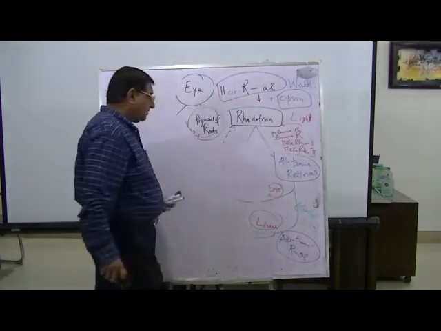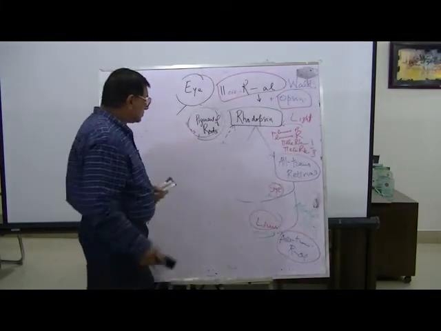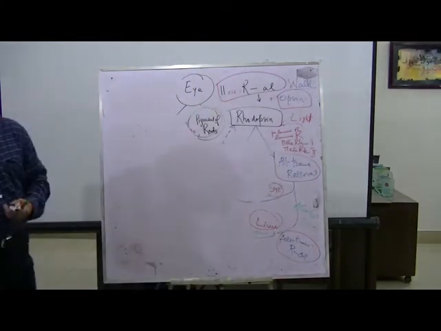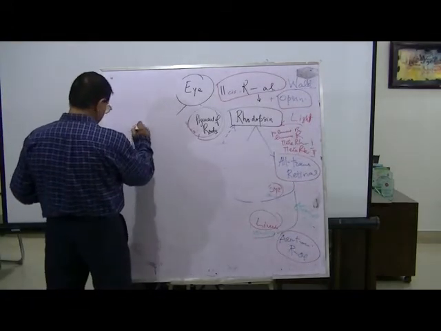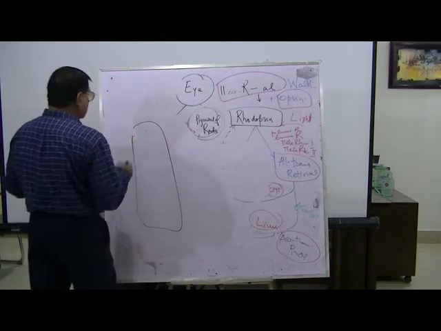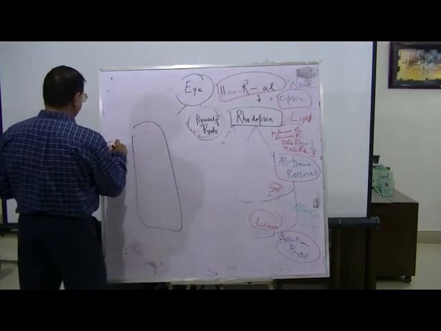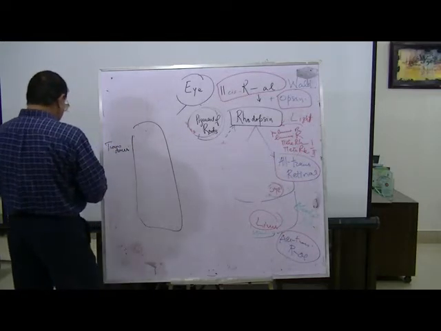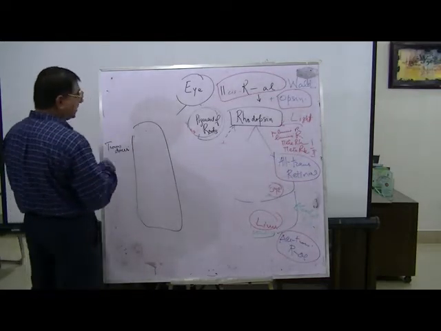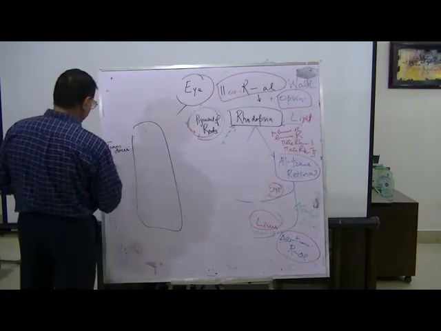Let me tell you that meta-rhodopsin stimulates the transducer proteins in the cell, in the rods. This is a rod cell. So the first transducer is stimulated. Transducer is a G protein, with alpha, beta, gamma subunits.